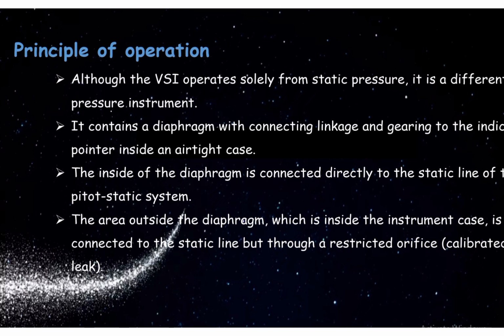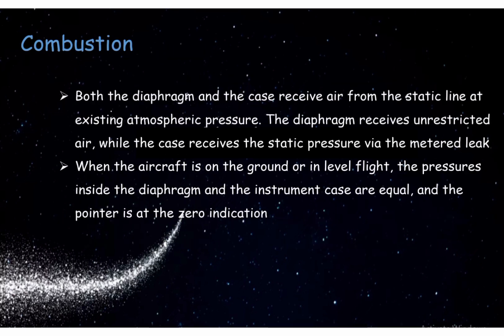When the aircraft is on the ground or in level flight, at zero degrees, the pressures inside the diaphragm and the instrument case are equal, and the pointer on the indicator shows zero. So when it is at zero indication, it is in level flight or on the ground.